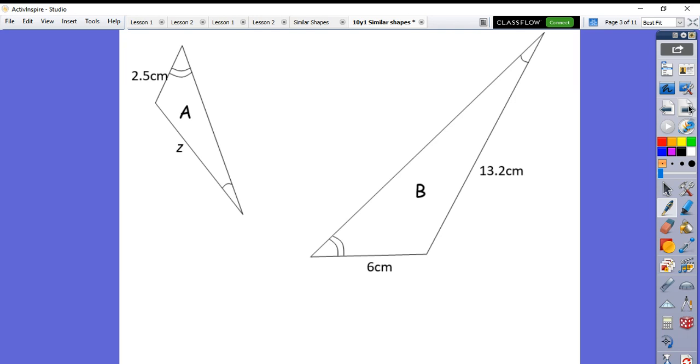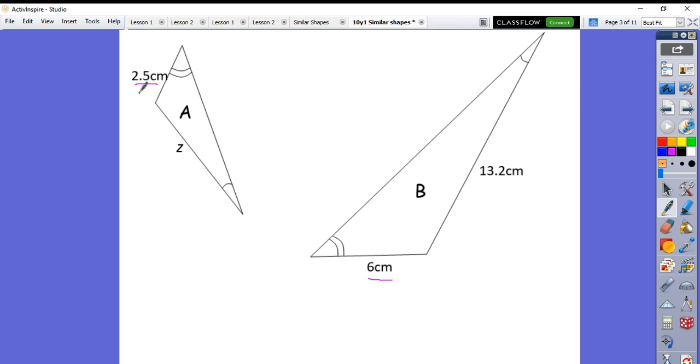Okay, this one's slightly different because although B is an enlargement of A again, because we were told that, this time the orientation has changed. So you can see here, this angle is that angle, which means that side is that side. So this here and this correspond. So the first thing I'm going to look at is to find out what my scale factor is.